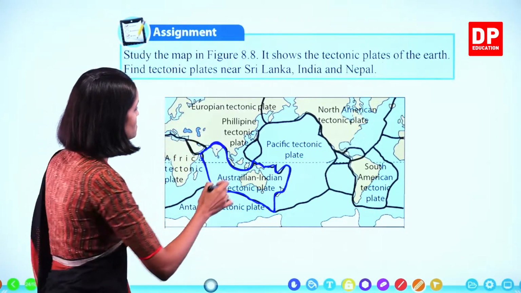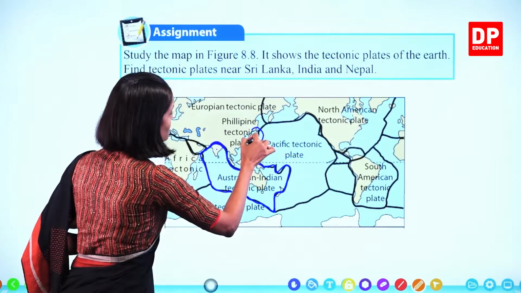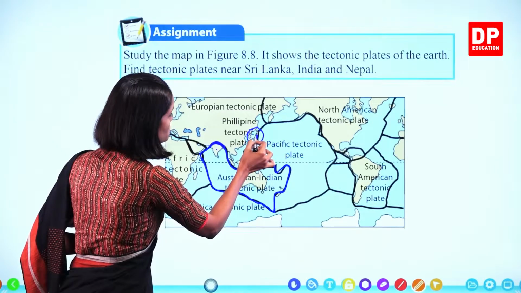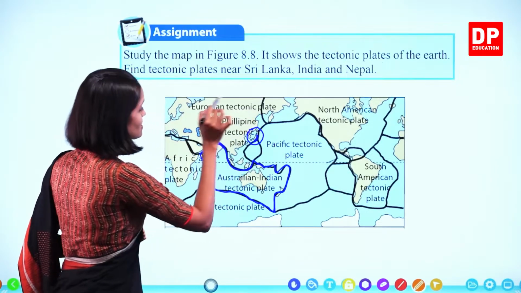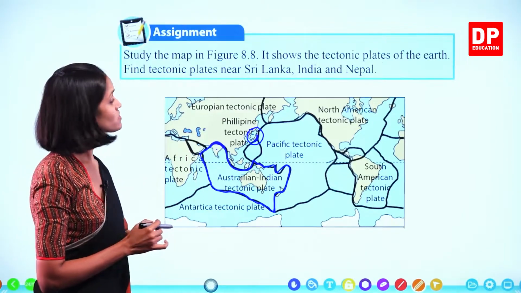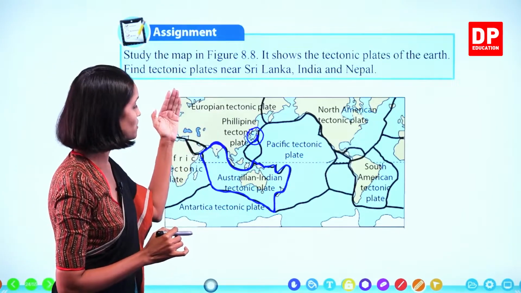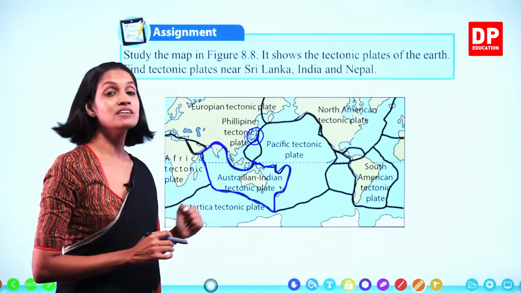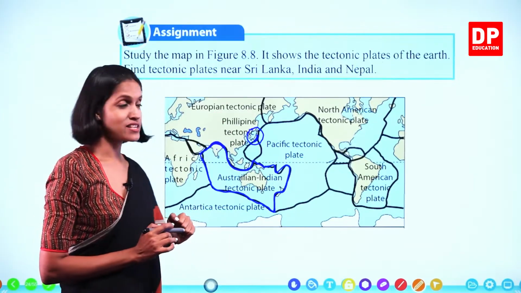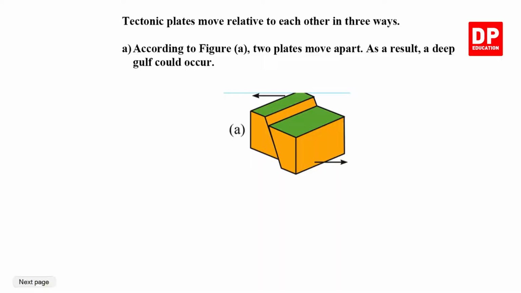Right, children? So here, this is Japan. Look at Japan. That's also located near a certain boundary. So Japan is also a country that always experiences earthquakes. Tectonic plates move relative to each other in 3 ways.